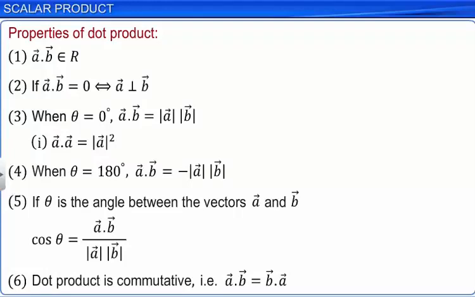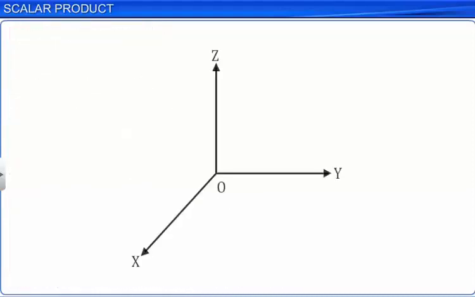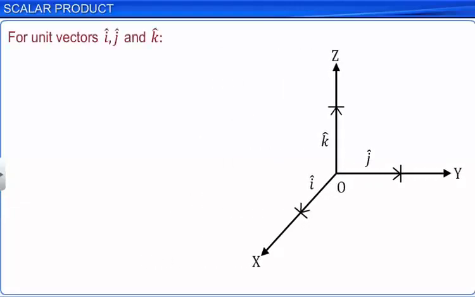You have studied unit vectors i, j and k along the x, y, and z axis, respectively. The dot product of unit vectors i, j, and k with themselves is equal to 1.